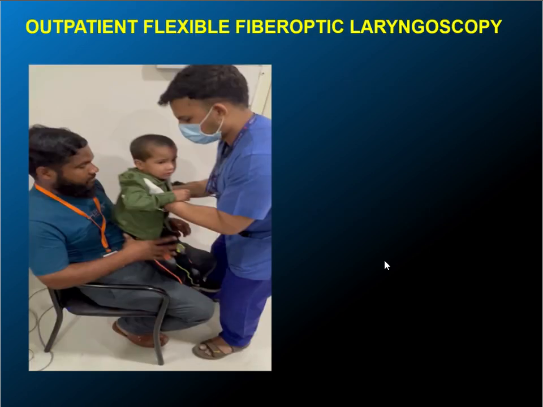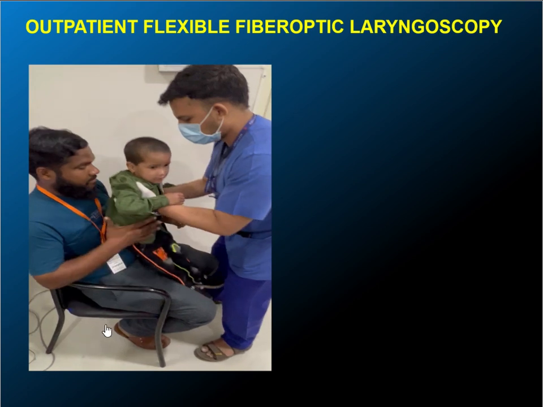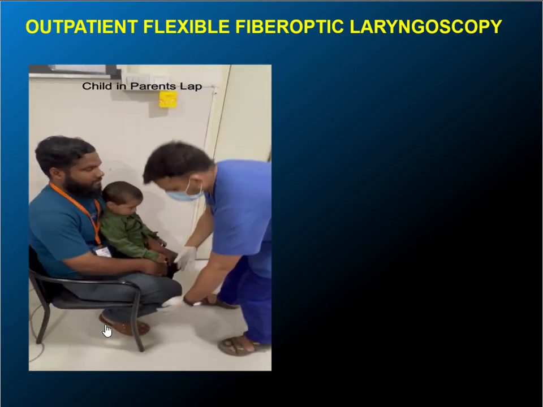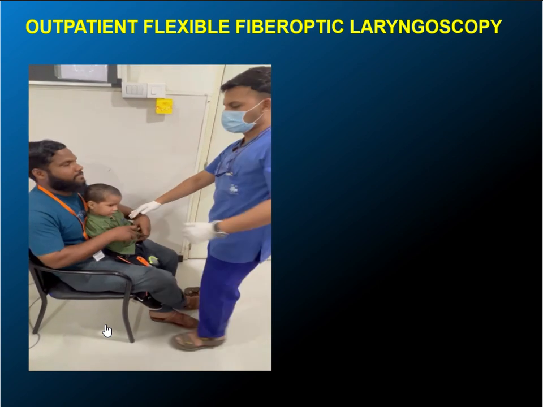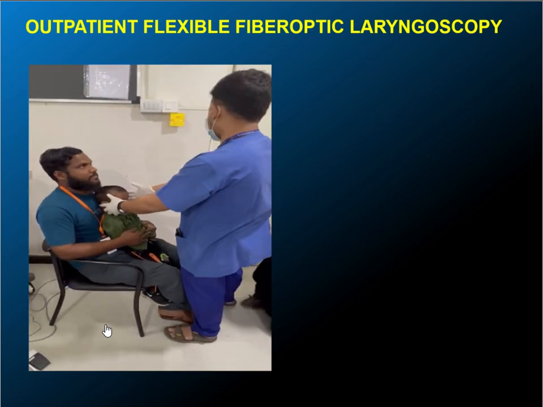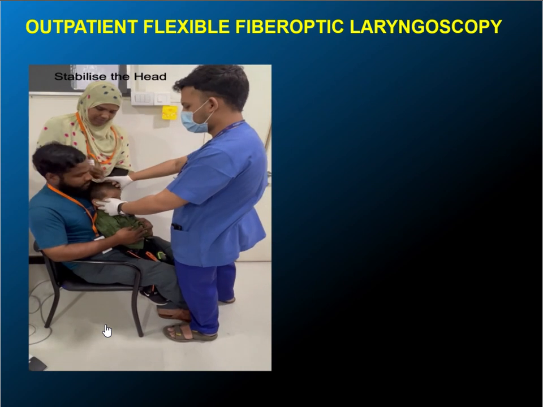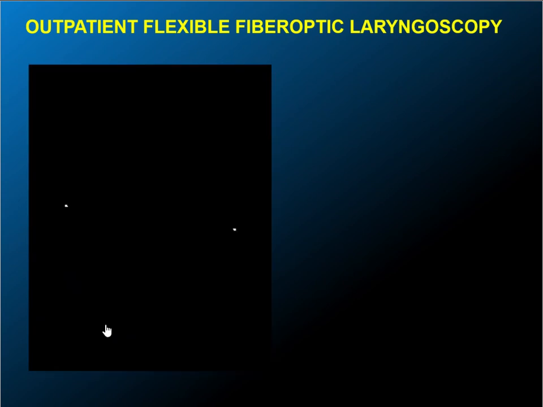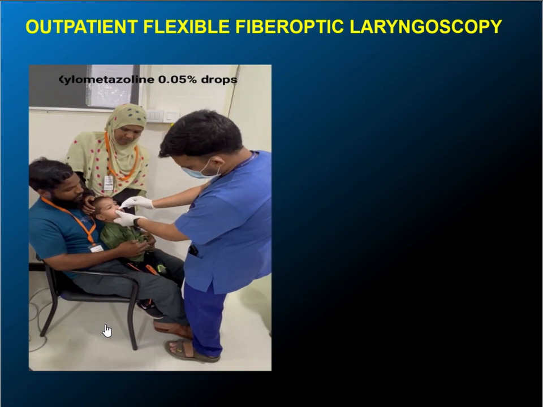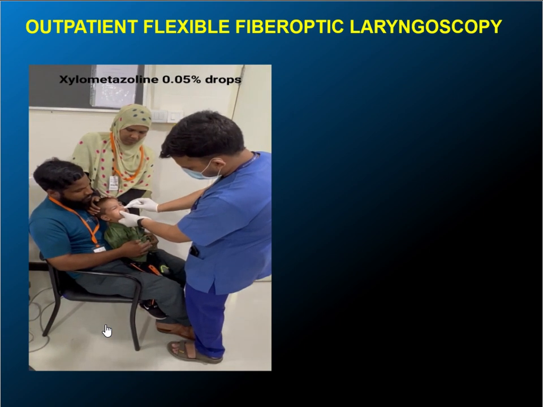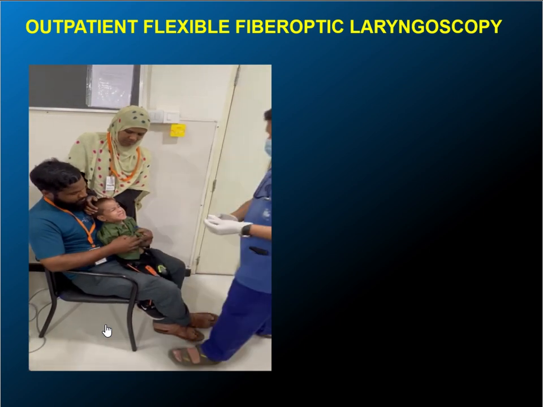This is how we perform the outpatient flexible fiber optic laryngoscopy. The child is positioned in the lap of the parent and the legs and the hands are fixed. The head of the child is also stabilized. We instill 0.05% xylometazoline drops to decongest the nose.